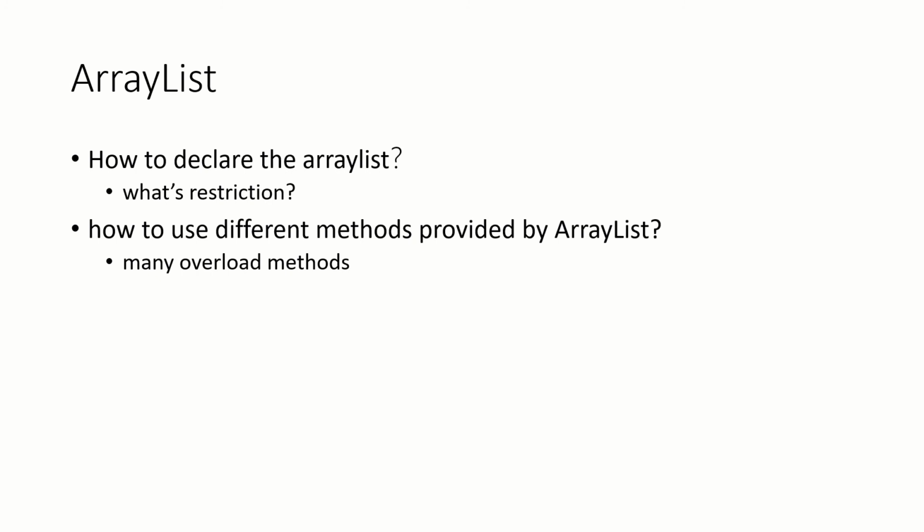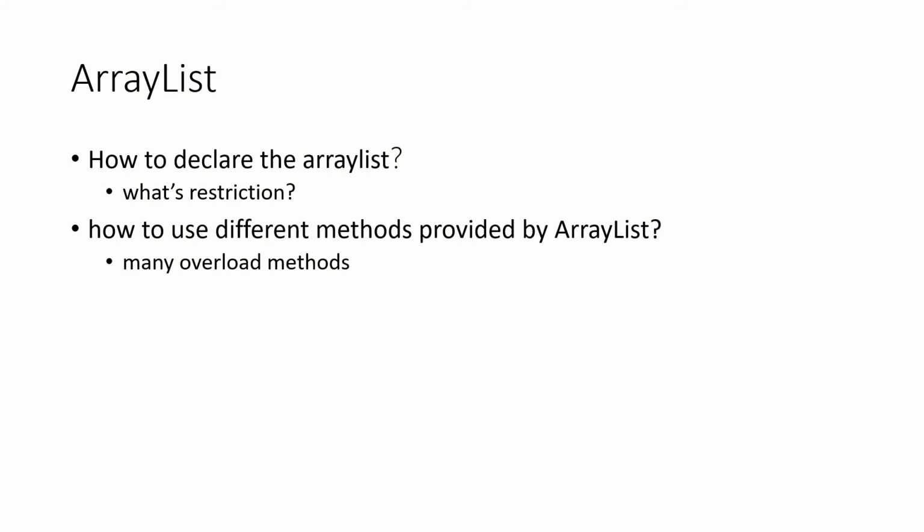How to use different methods provided by the array list. I think in the last few weeks we talked about many different methods of the array list, right? How to remove: we use an object to remove, we use an index to remove. We use the index to add, we use the object to add.